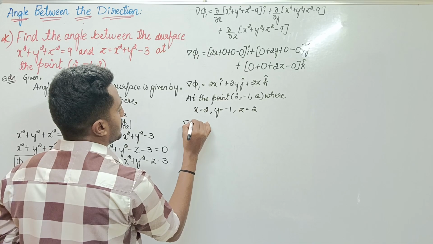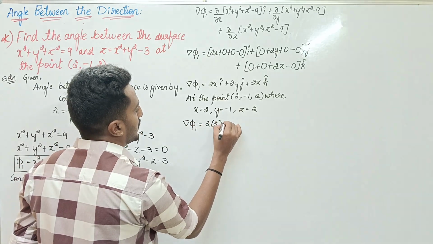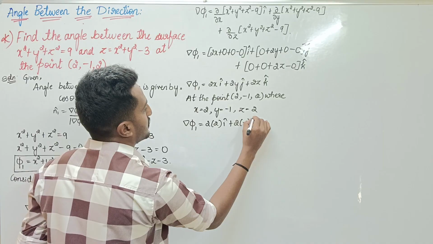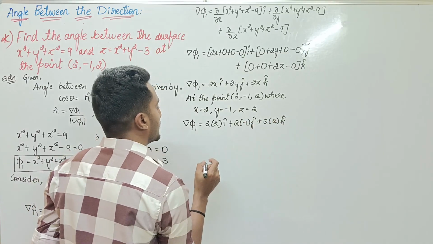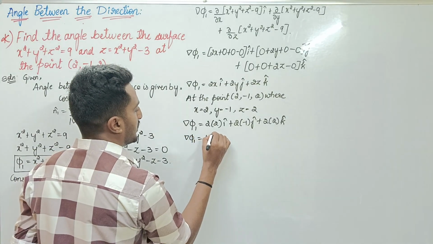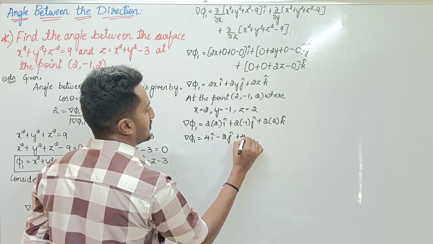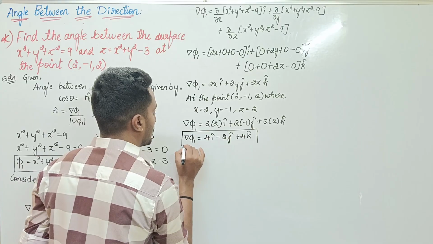So gradient phi1 is 2 into 2 i cap plus 2 into minus 1 j cap plus 2 into 2 k cap, that is 4 i cap minus 2 j cap plus 4 k cap. This is our gradient phi1.